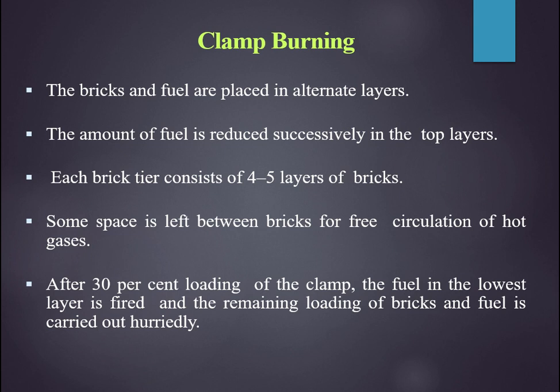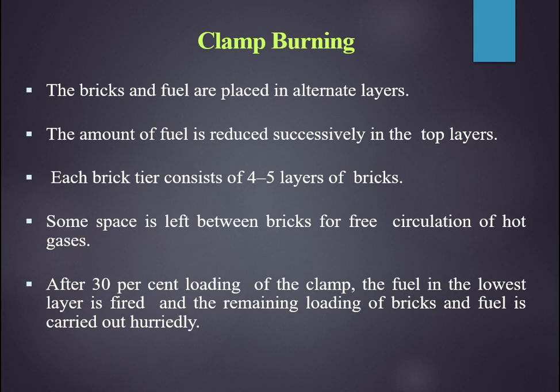What we do is, the bricks and the fuel will be placed in alternate layers. As we move to the upper layers, the amount of fuel will be reduced. Each tier means each layer.